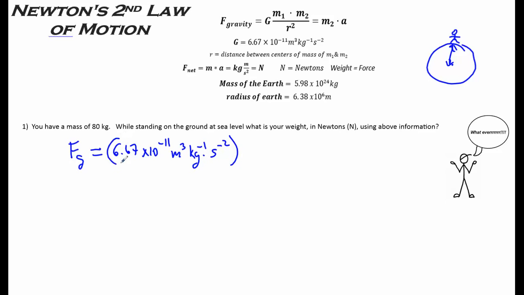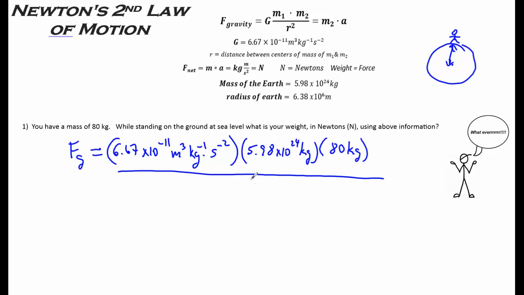And we take this value, multiply it by the mass of the Earth, which is 5.98 times 10 to the 24th kilograms. Again, this is a very big number. And then multiplied by the mass of the object that's having the gravitational force affecting it, the human, 80 kilograms. And we're going to divide that all by the radius of the Earth, because that would be its center of mass.